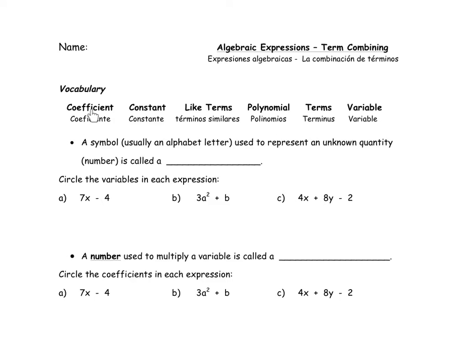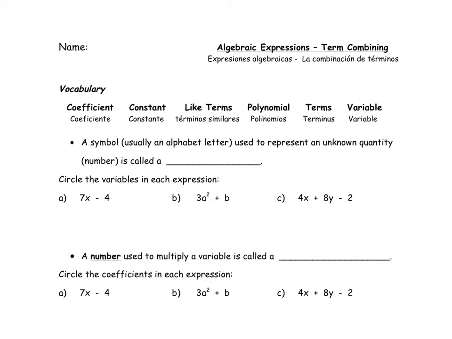The first one is coefficient, constant, like terms, polynomial, terms, and variable. They've been listed in alphabetical order, not necessarily in the order that we're going to write them.